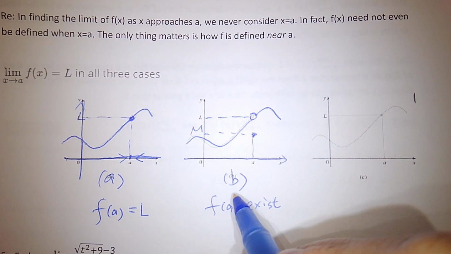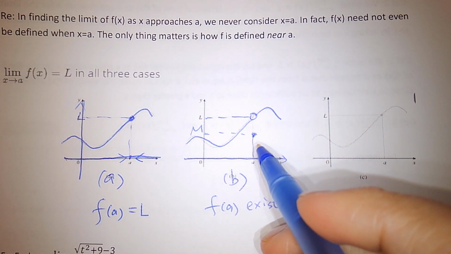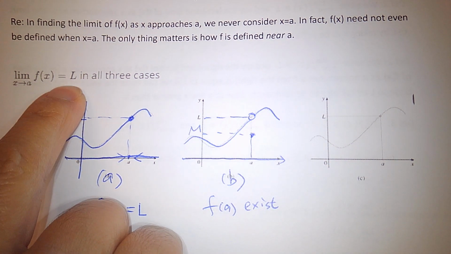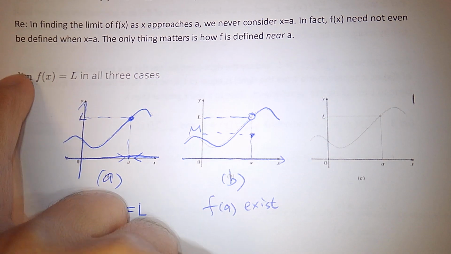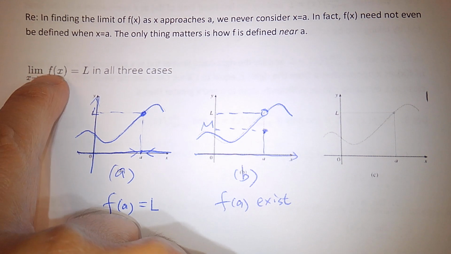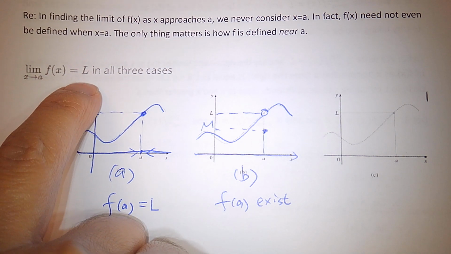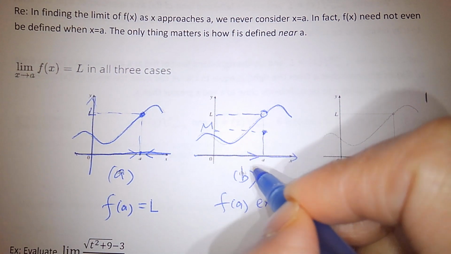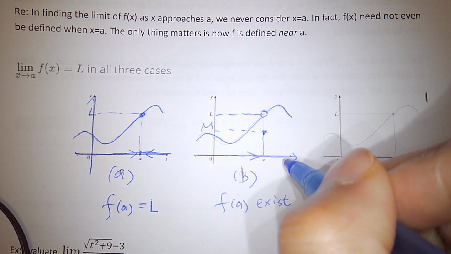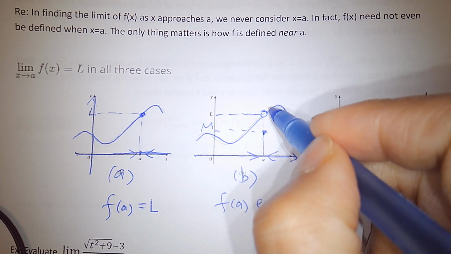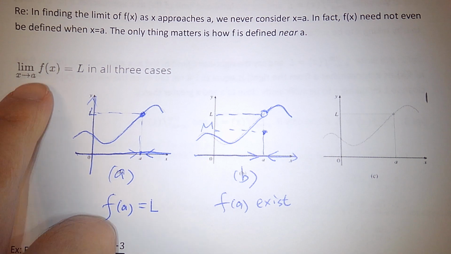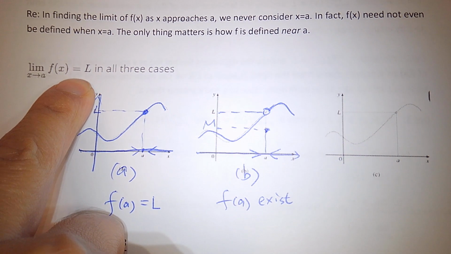However, does f of a equal L? No, it's a different value, m. Can we say this case does not give us this limit? No. From this case, we still say the limit of f of x as x approaches a equals L. Let's check: when x approaches a from the left, the y value approaches L, and when x approaches a from the right, the y value also approaches L. So this case also gives us the limit.